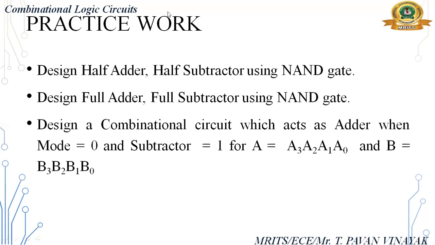It takes two inputs, A and B, and one more input, mode. If mode is equal to 0, the outputs we get are sum and carry. If mode is equal to 1, the outputs are borrow and difference.